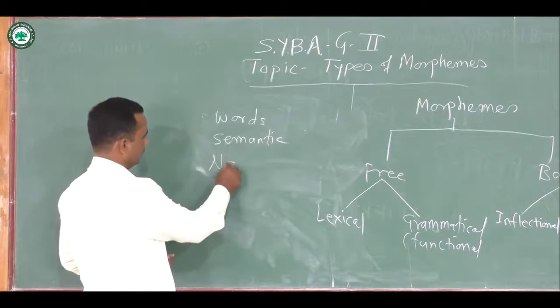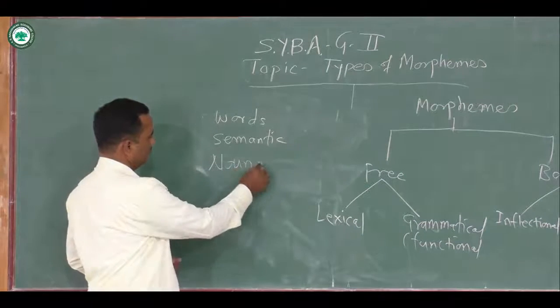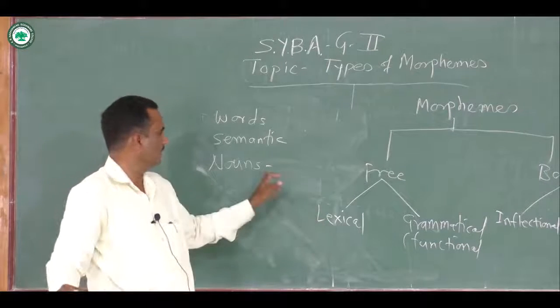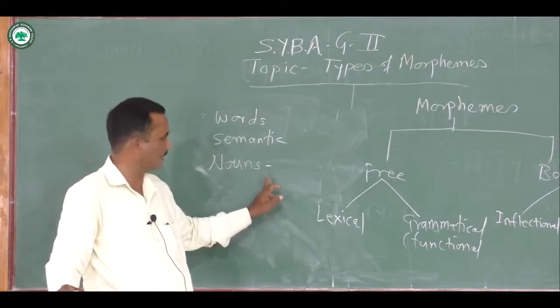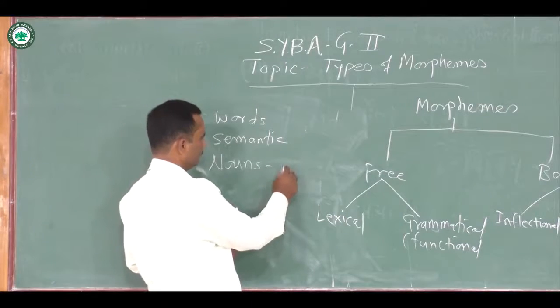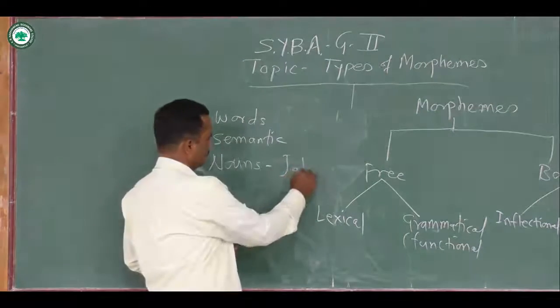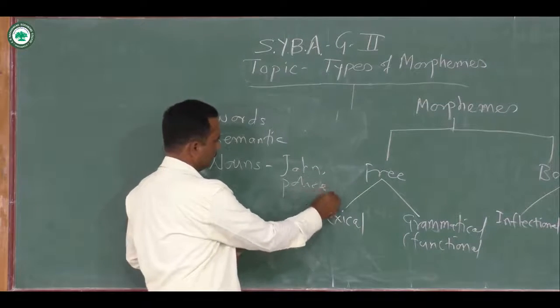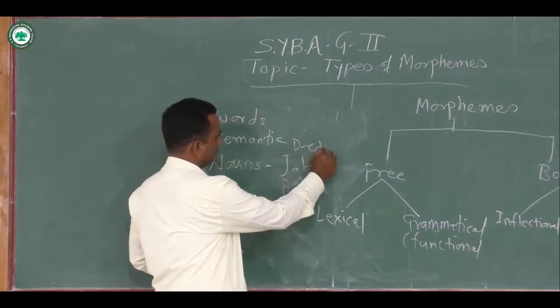So in lexical, there can be nouns. Remember, there can be nouns. Nouns can be like this: John, police, doctor.